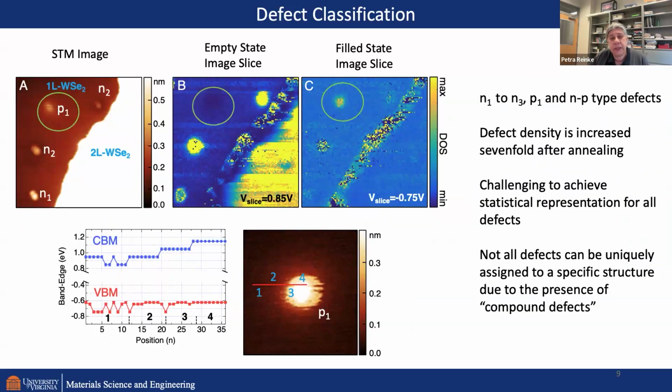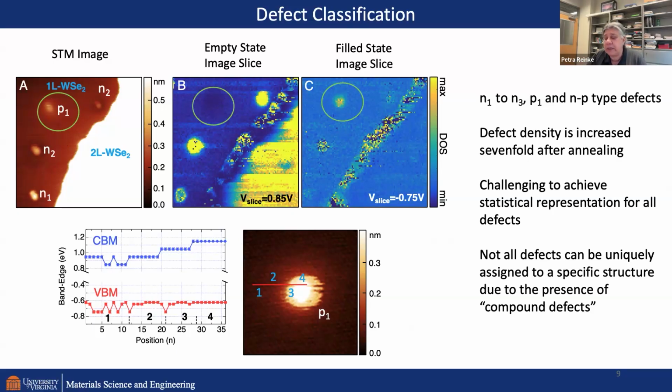So if you look at this one, the other thing you can do from spectroscopy, so this is the STM image. And this in B, you can see essentially a slice. That slice means you look at the intensity in the image, but you look at it at a very specific voltage. And what you can see is this defect, which is called P1.